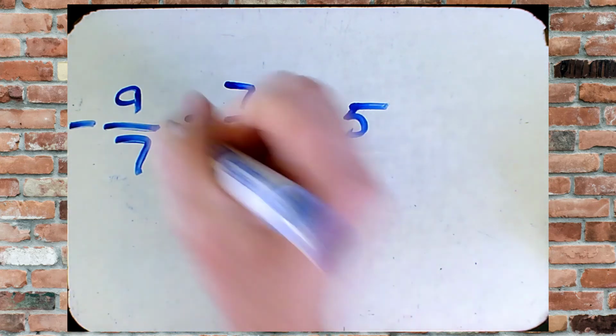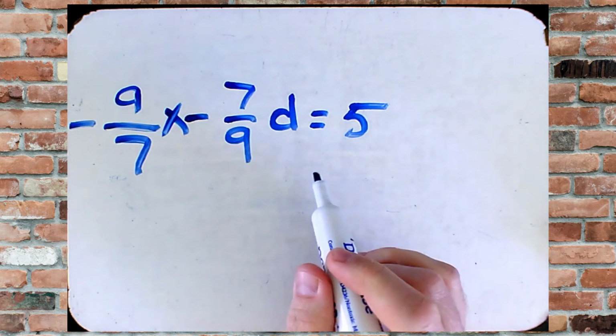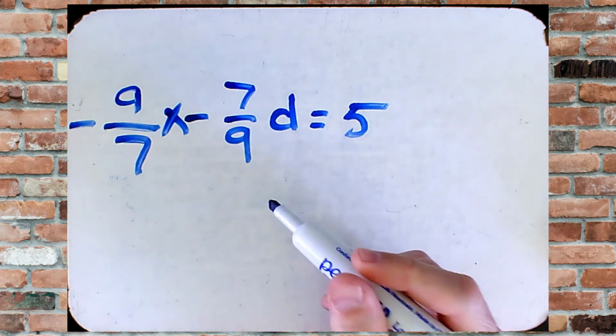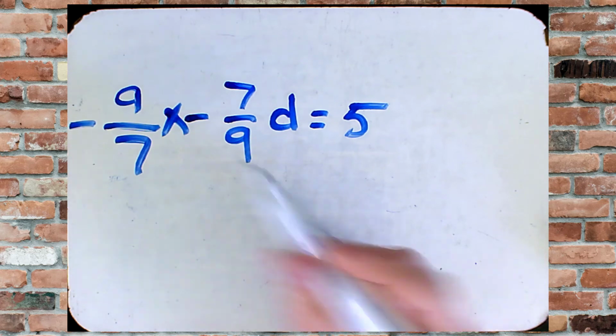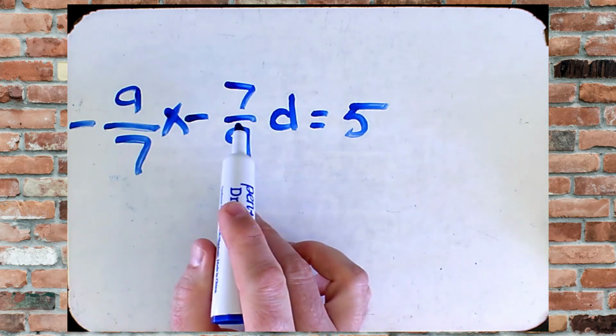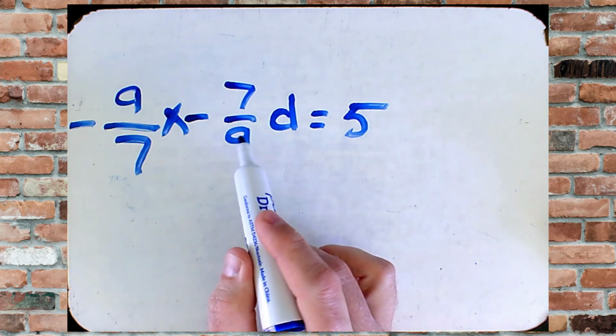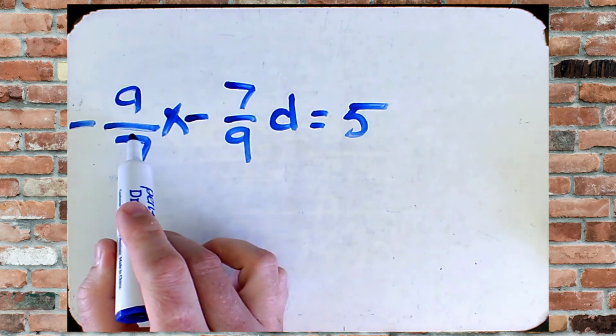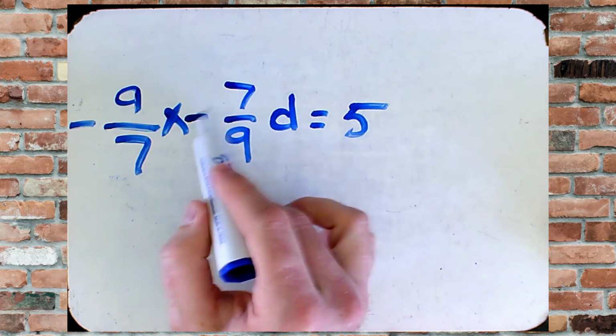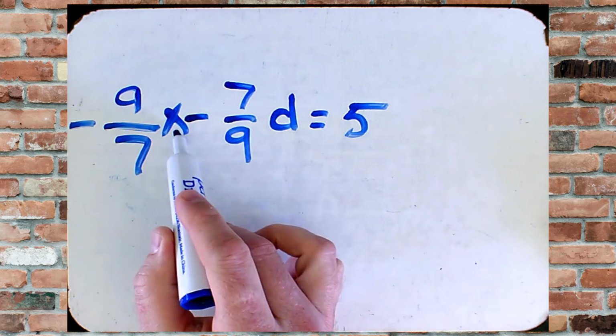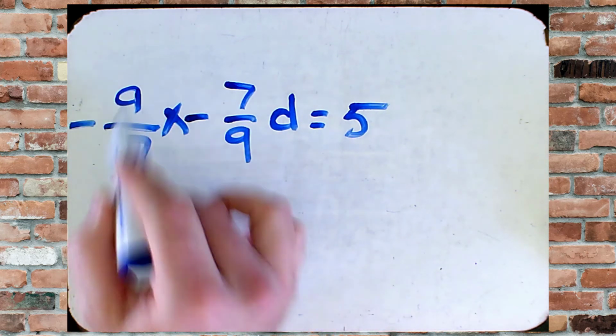To save ourselves from working too many steps, we call this the multiplicative inverse. We can get rid of a fraction by multiplying by its inverse, or its reciprocal. So I can get rid of -7/9 if I multiply by -9/7.